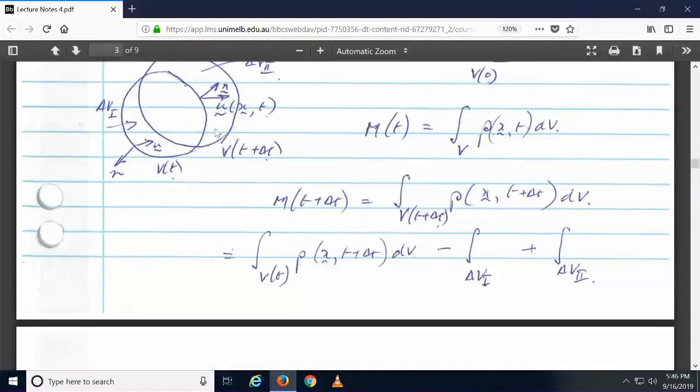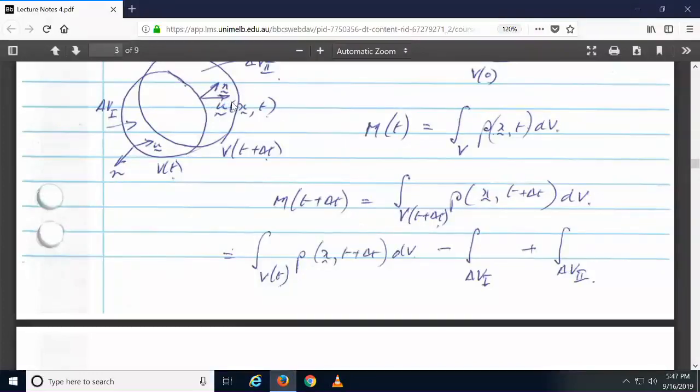Now, it's easy. If I had a little element on the surface here, element delta S, how big would the volume that the fluid swept out be?